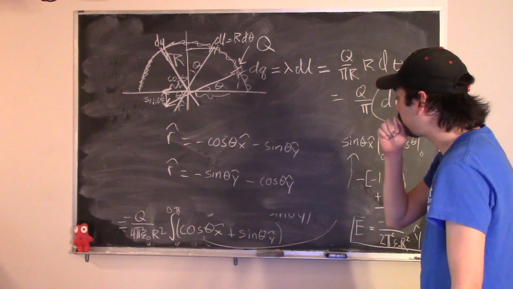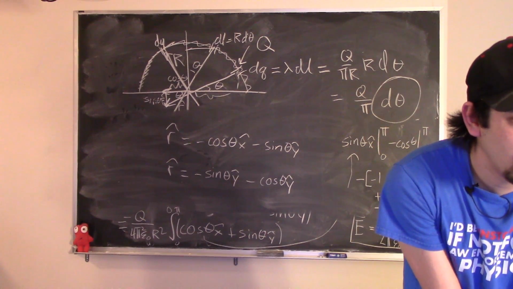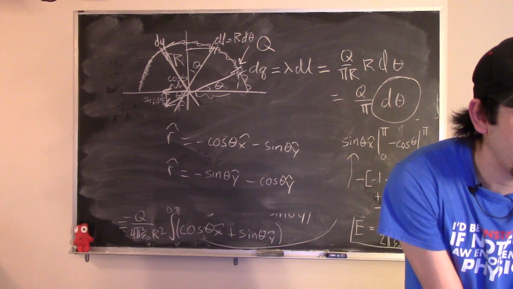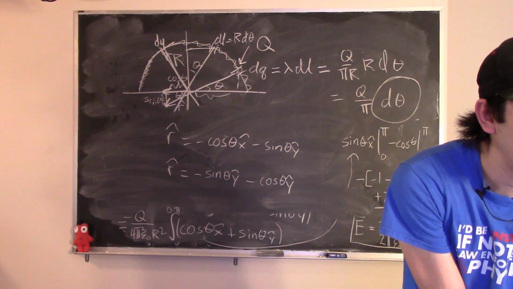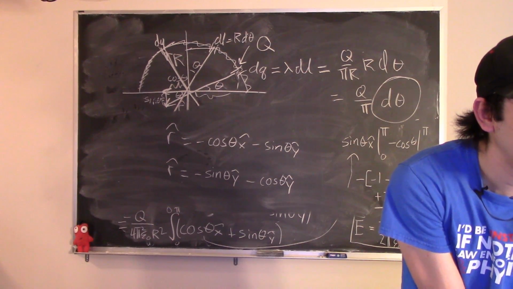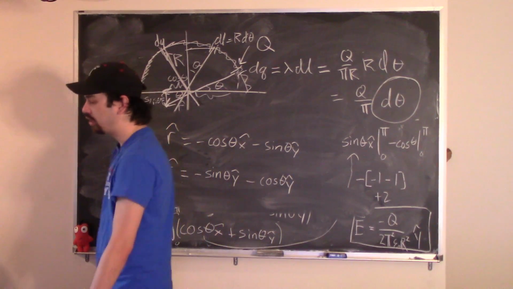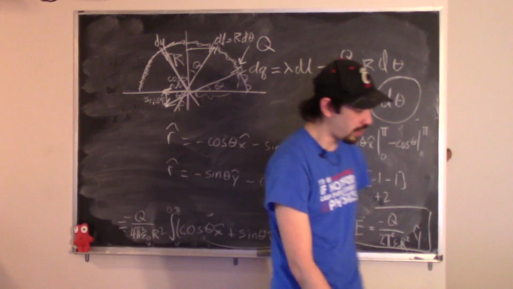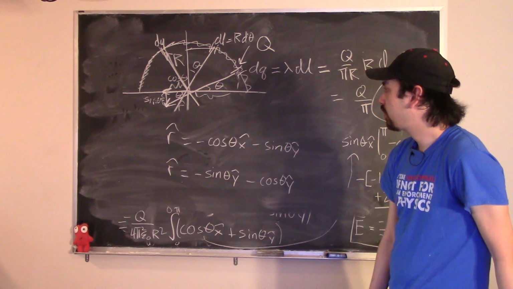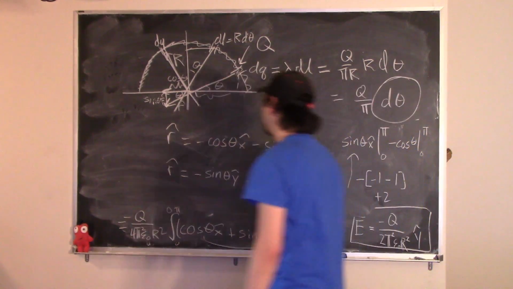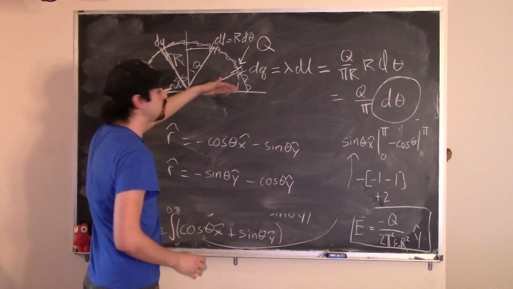Okay. Can I do an example when I split the integral from 0 to pi over 2 and pi over 2 to pi? Well, you don't have to do that. I think I see what you're asking. If r hat is the same, you don't have to split these up.